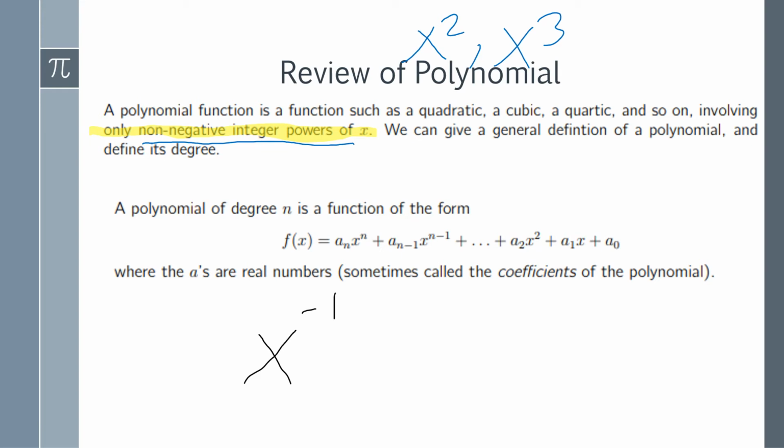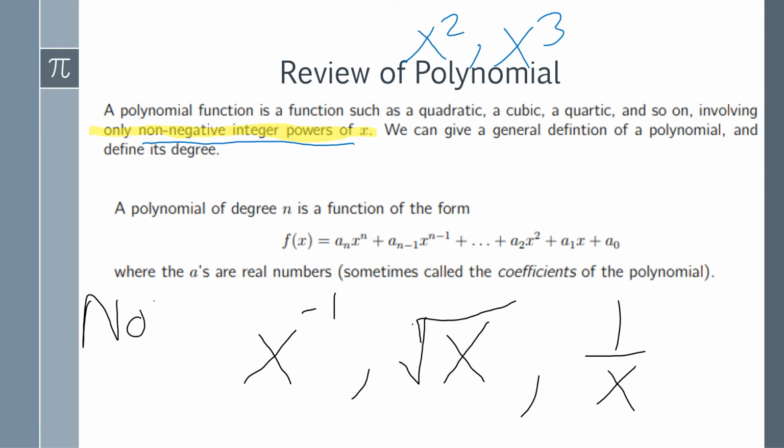I cannot have a root, any roots, square roots, cube roots, and we're going to talk about all those types of roots later on. So this cannot happen either. Or I cannot divide, or it being rational. These are 3 things that say not a polynomial function.